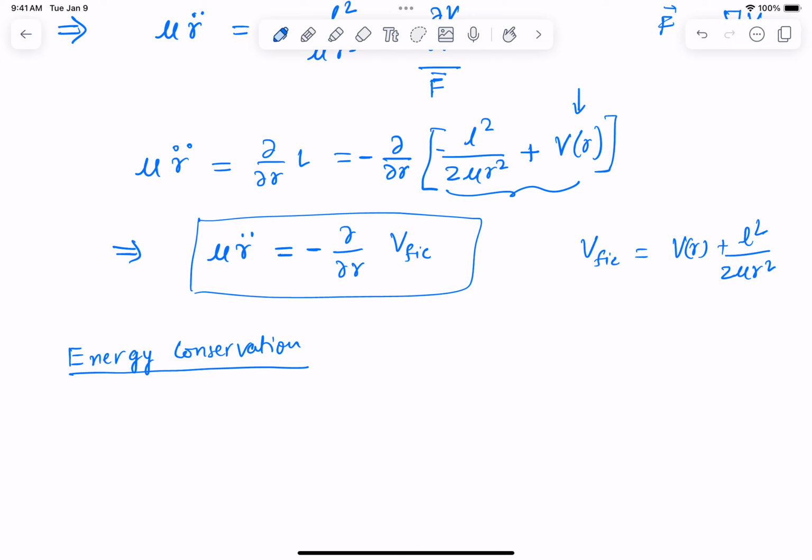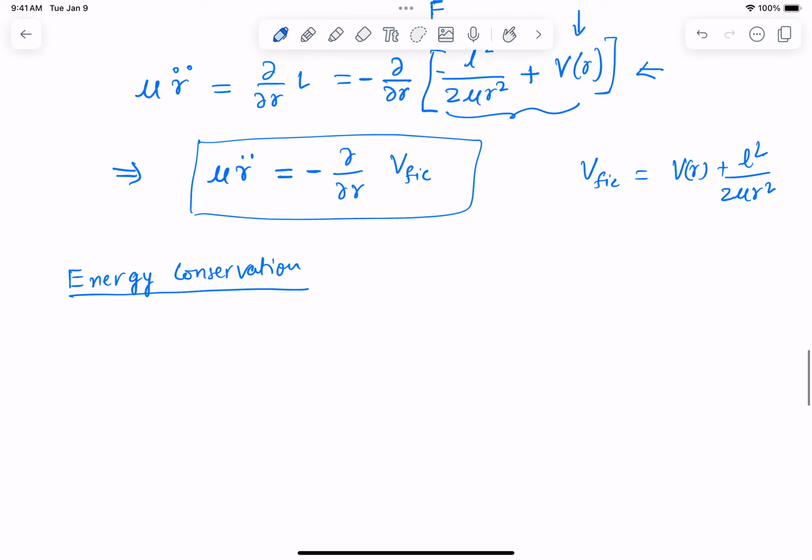We can actually find energy conservation using this equation here. So let's do that.